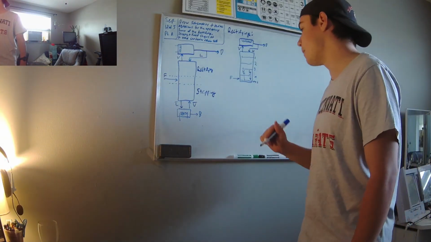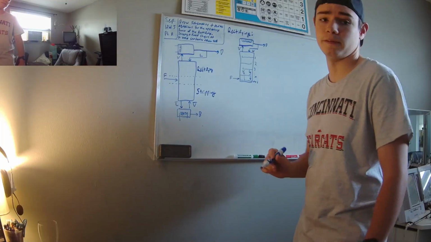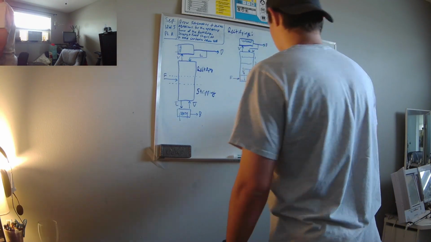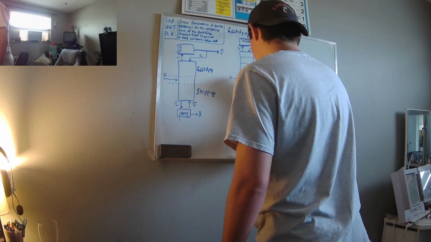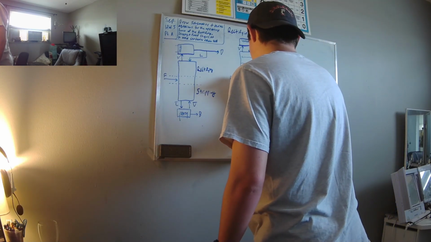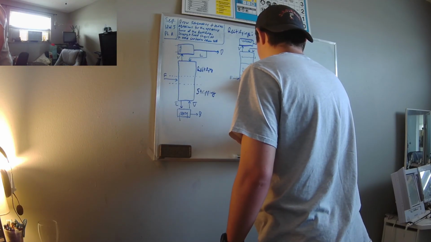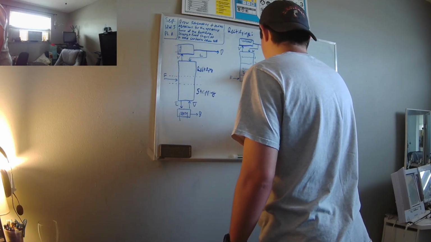We're going to need to draw a boundary around this so that we can figure out the equation for our operating line. So how we're going to look at this, we're going to consider V is coming in.